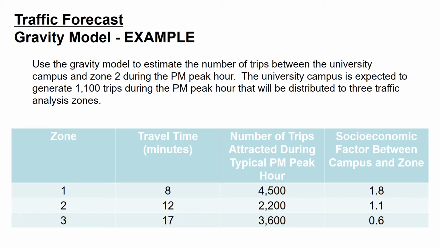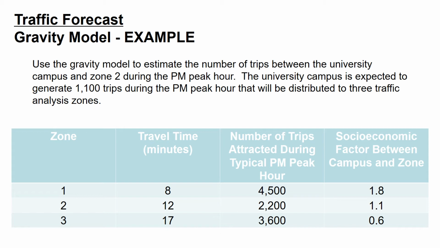And then finally, there's a socio-economic factor between the campus and each zone. And the higher that factor is, the more relationship there is. So, for instance, if we're thinking about it in the context of a university campus and how we're going to distribute those trips, those would be things like, is there affordable housing for college students?